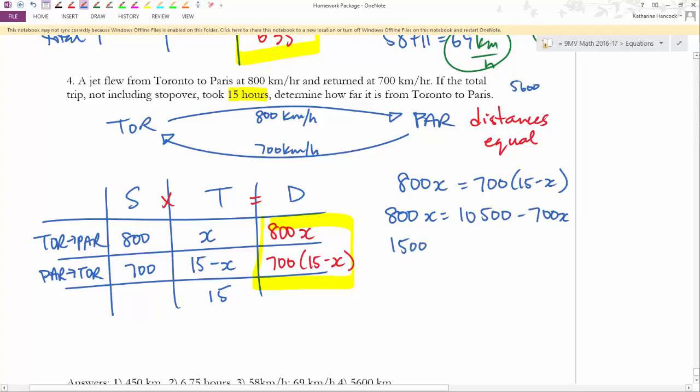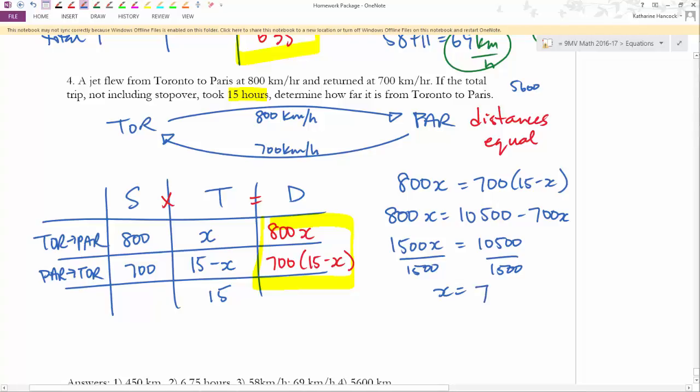Bring it to the other side, I get 1500x equals 10,500. Divide by 1500, and I get 7.